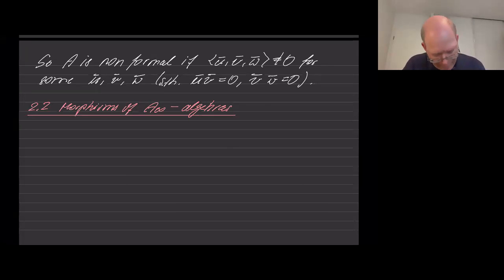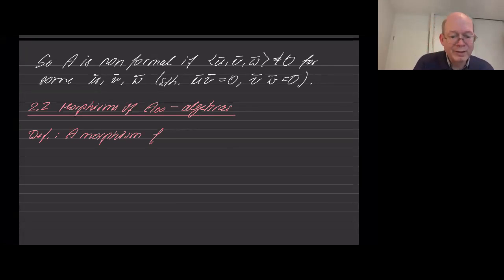Okay, let me define what a morphism f from A to B of A infinity algebras is.